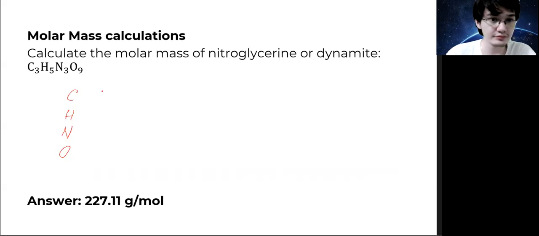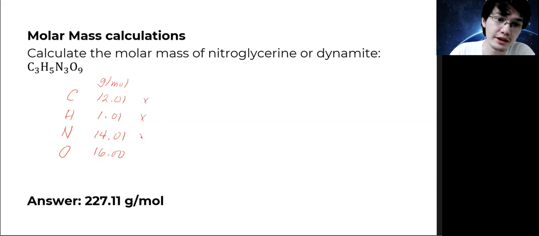Then from the periodic table, we get the individual atomic weights of each element in the chemical formula. For carbon, we have 12.01 grams per mole, hydrogen 1.01, nitrogen 14.01, and oxygen 16.0. Its units are in grams per mole.